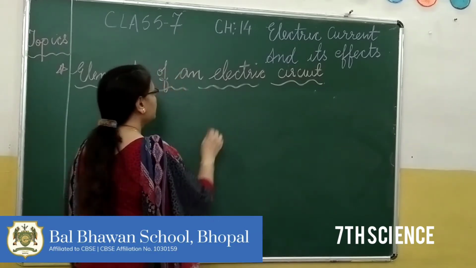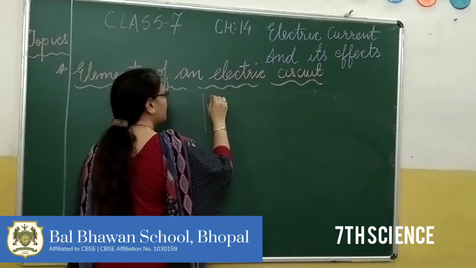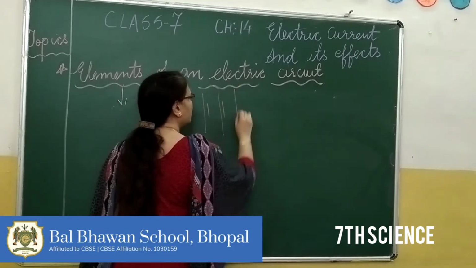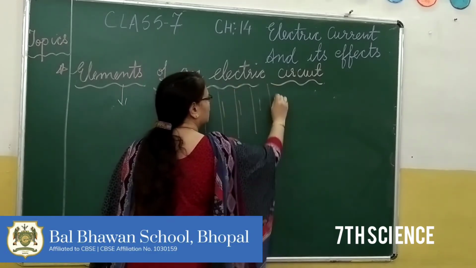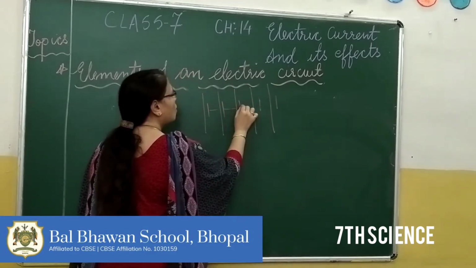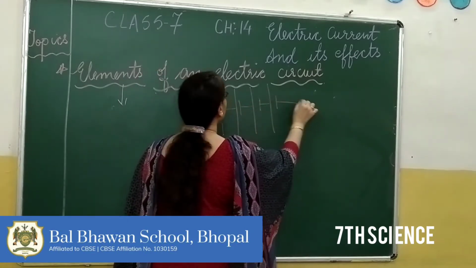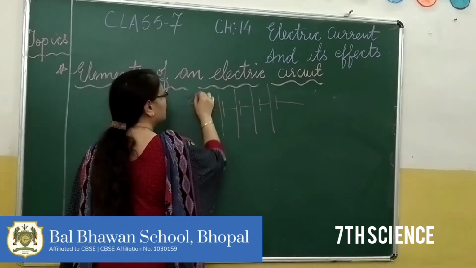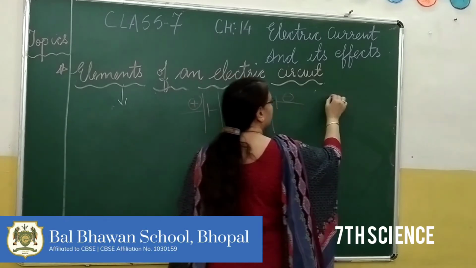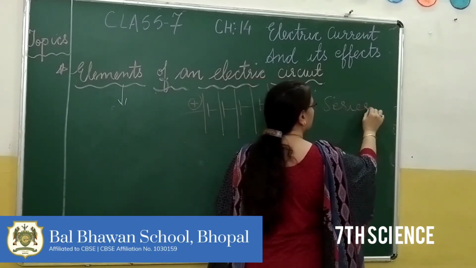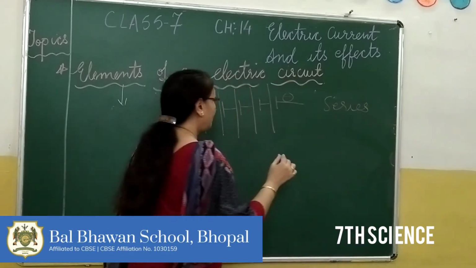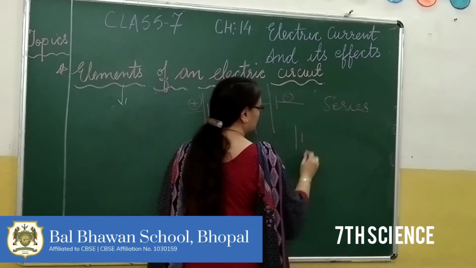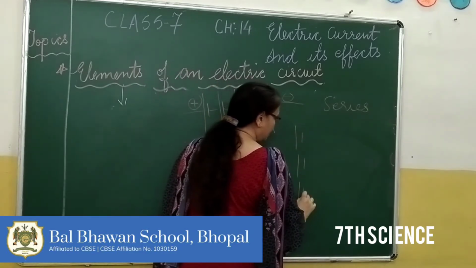When I say series, I mean that the cells are placed next to each other, and the positive of one is connected to the negative of the other cell. This is in series. When we talk about parallel, cells are placed one beneath the other.